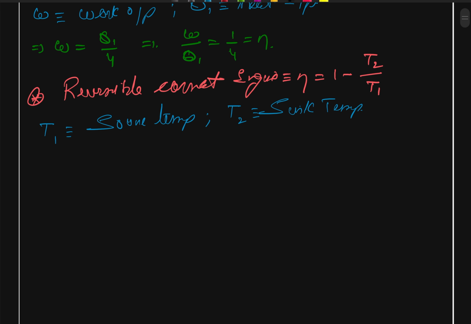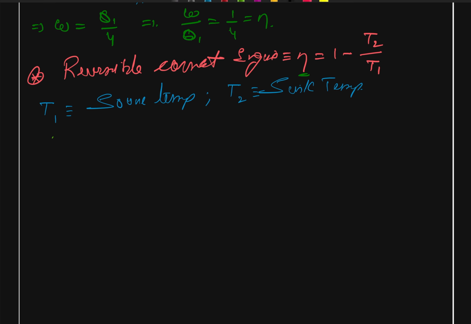We can substitute the value of efficiency, which is 1/4. So 1/4 is equal to 1 minus T2 upon T1, and this gives us T2 upon T1 equal to 1 minus 1/4, which is 3/4. So T2 is equal to 3/4 times T1.